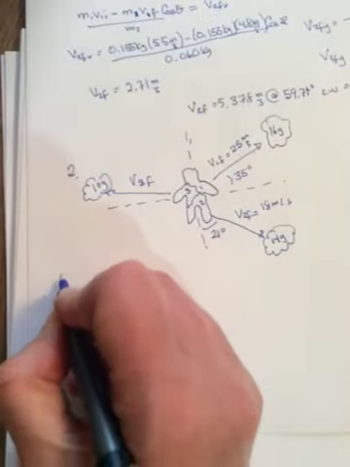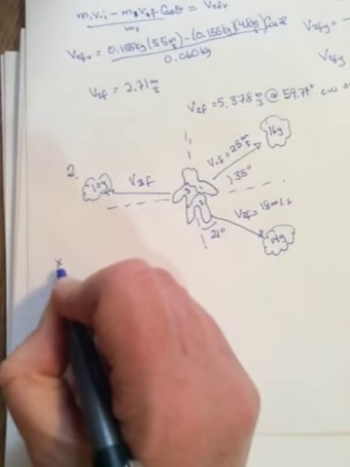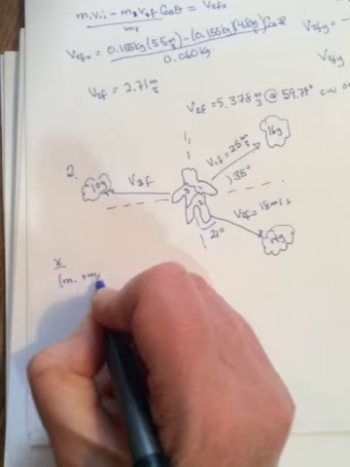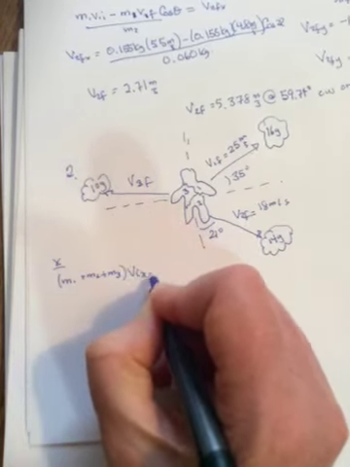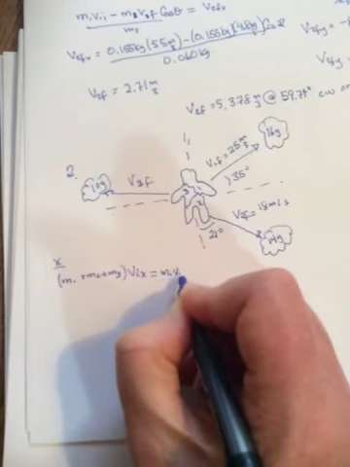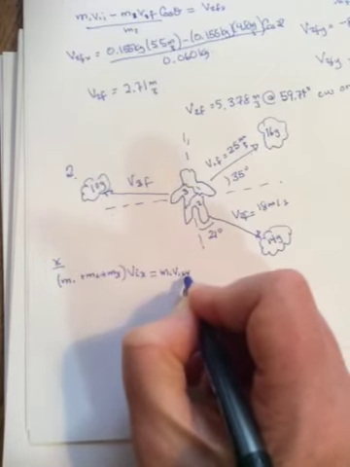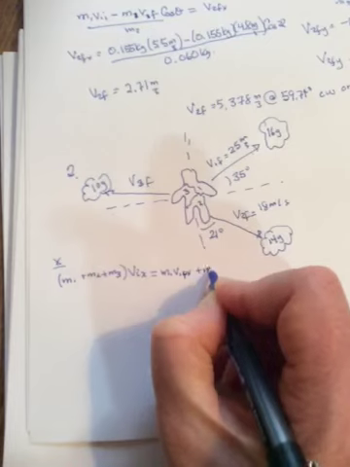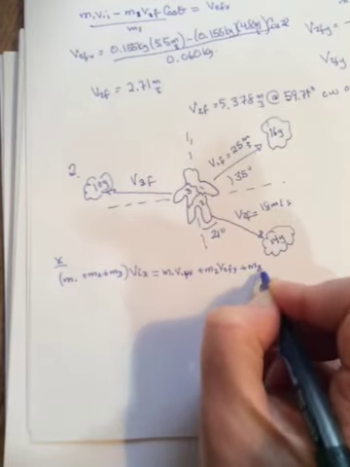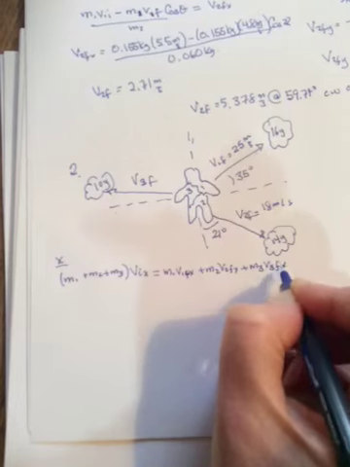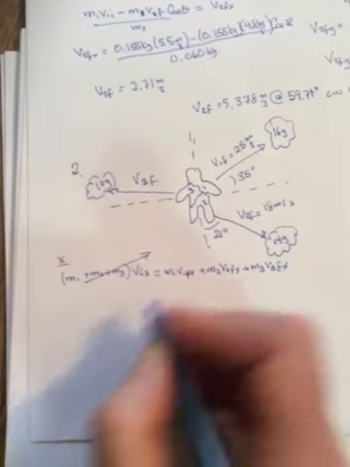And so again, you're going to do conservation of momentum. Initially, in the x direction, (m1 plus m2 plus m3) v initial x will equal m1 v1 final x plus m2 v2 final x plus m3 v3 final x, initially at rest.